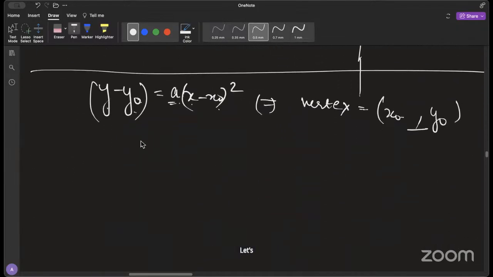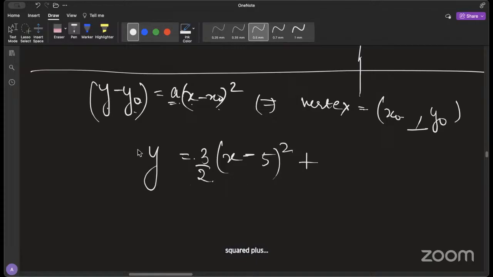If you want to take up one more example, let's take this one. y equals 3 by 2 (x minus 5) squared plus, let's take this one, 2y and 4 here.